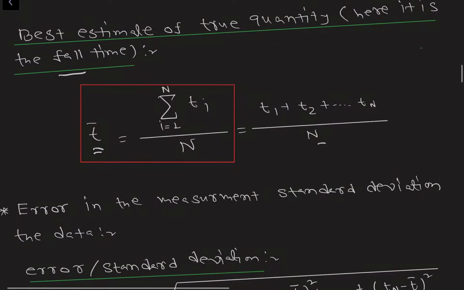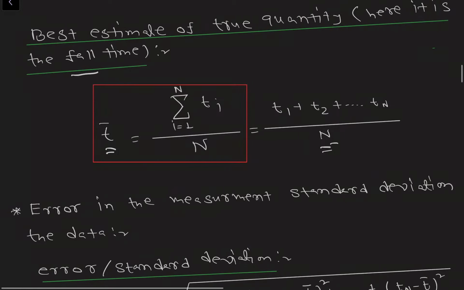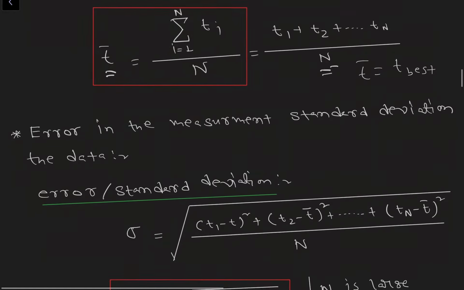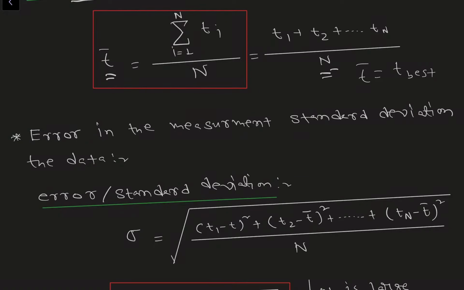We have to take a large number of observations, n times, and then take the average of those observations. So that T average is our T best. That is our measured value here. So now we have to find the error. What is the error in our measurement?